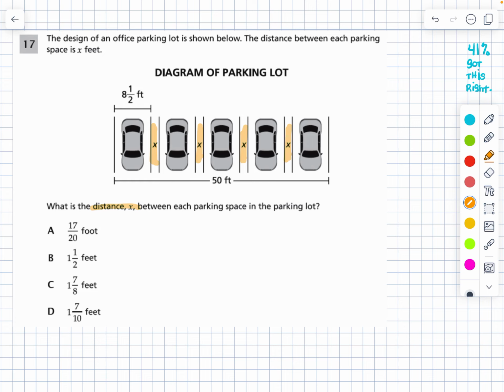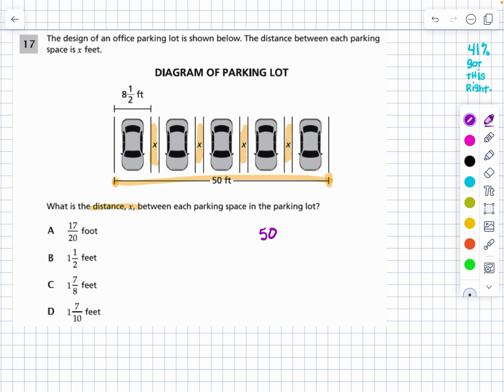Okay, so let's just break this down one piece at a time. First of all, they're telling you that this distance from the edge of this parking space to this one is 50 feet. So we're going to need that, 50 feet.